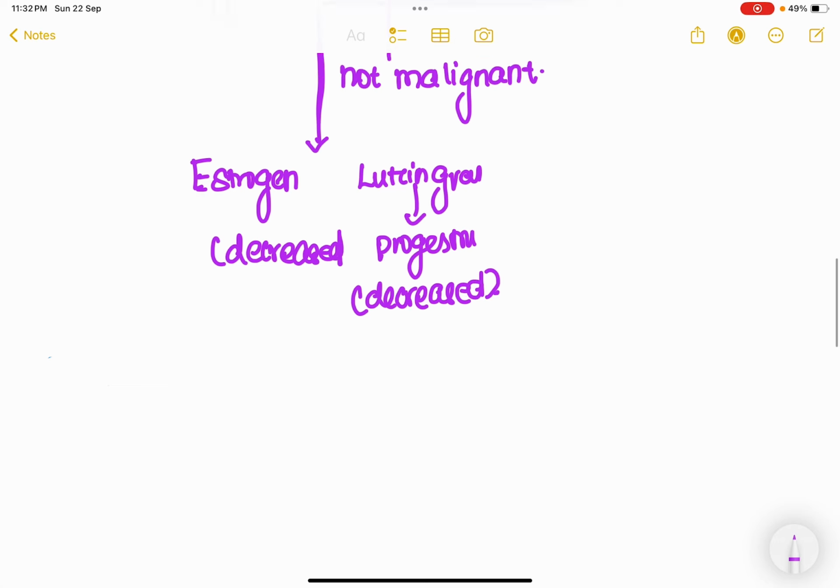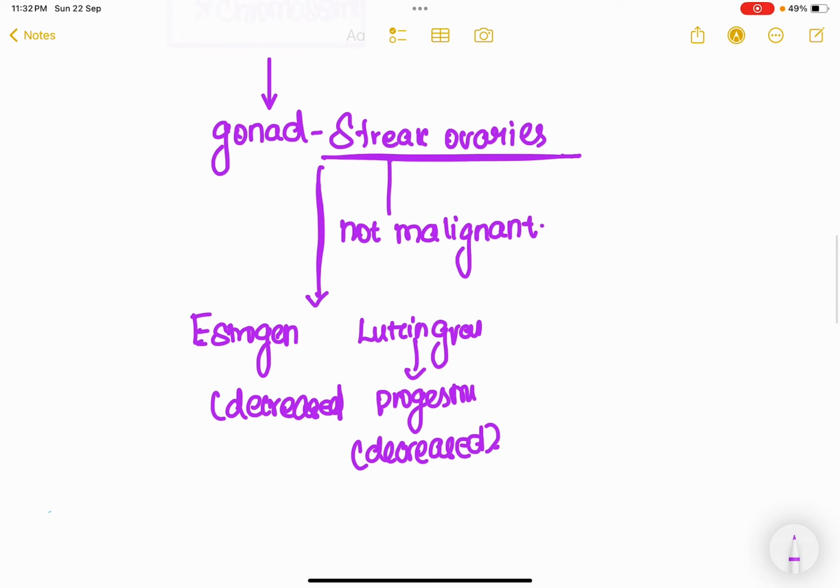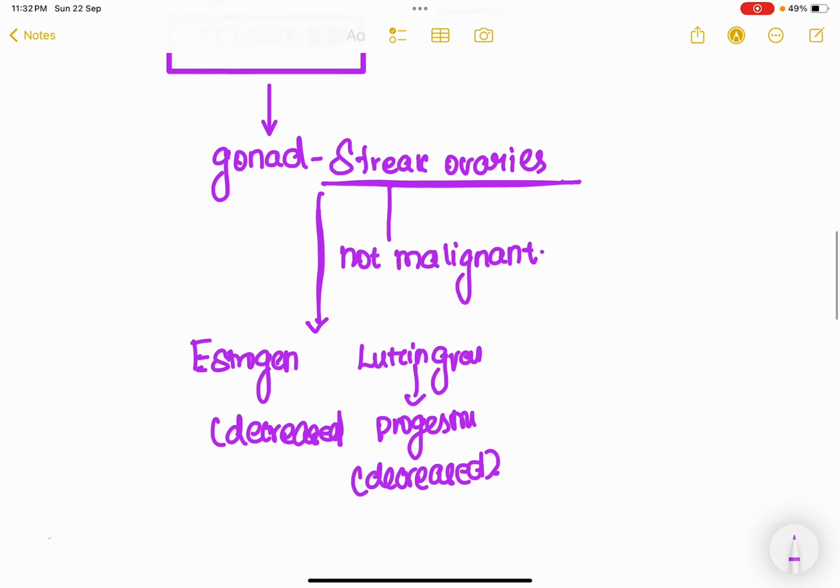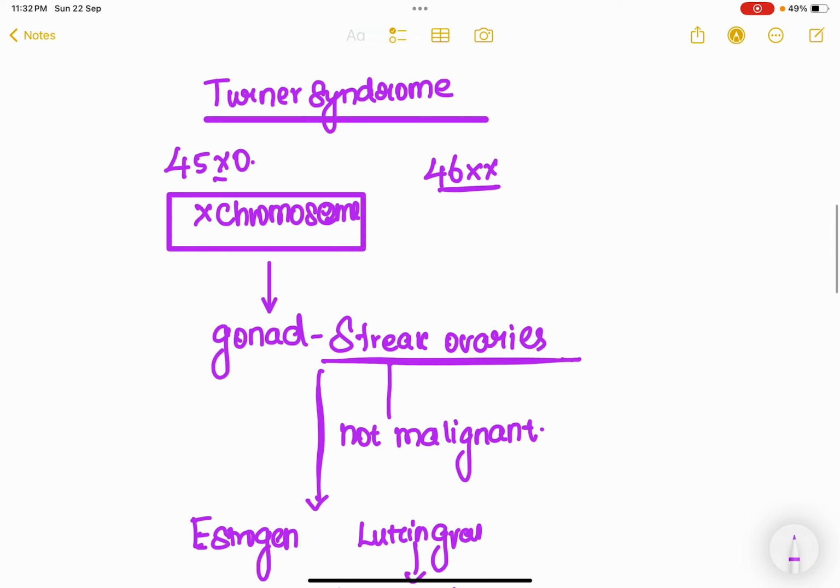This is because the underdeveloped ovaries can't release normal amounts of estrogen and progesterone. But everything else is normal.